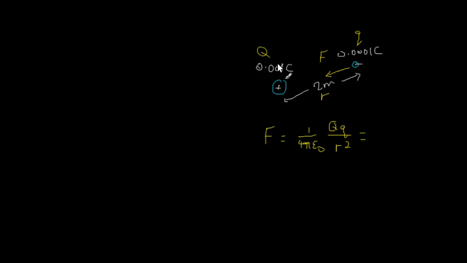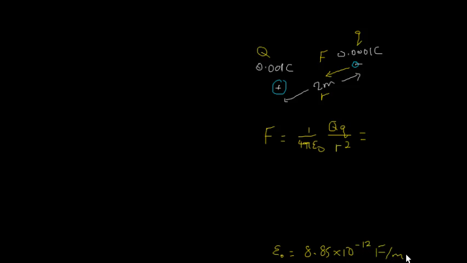So if I put all these numbers into the formula, and we know what epsilon naught is, just write it down at the bottom. Epsilon naught is equal to 8.85 times 10 to the power of minus 12 farad per meter.